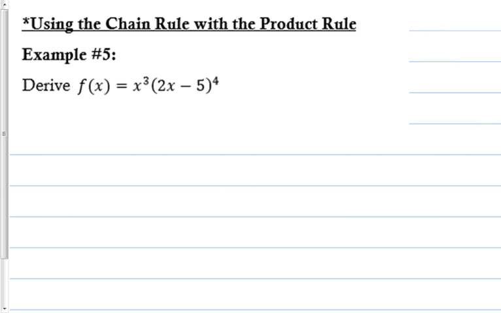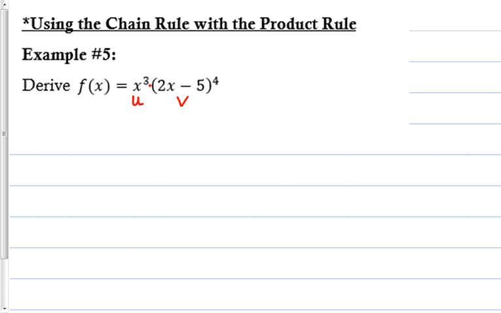Now, using the chain rule with the product rule. Here I have a chain rule, but I also have the product rule. It's a combination. So I need to figure out what my two functions are that are being multiplied. Here's u and here's v.